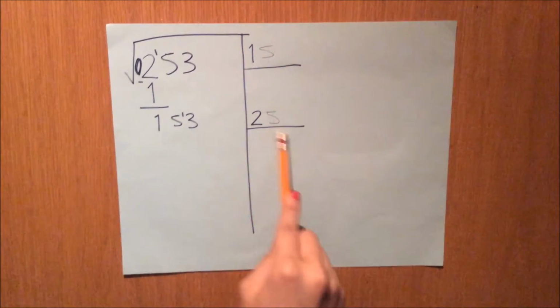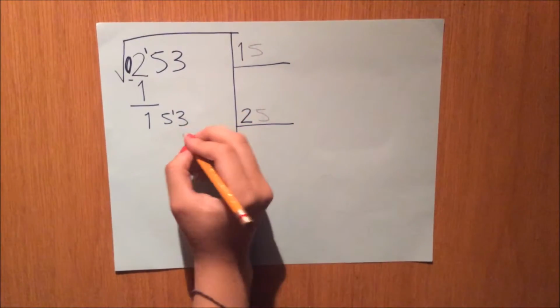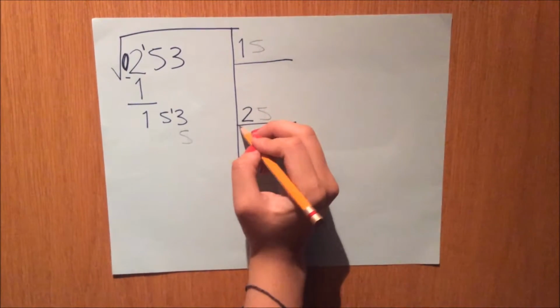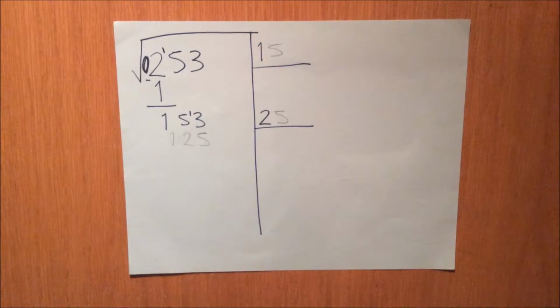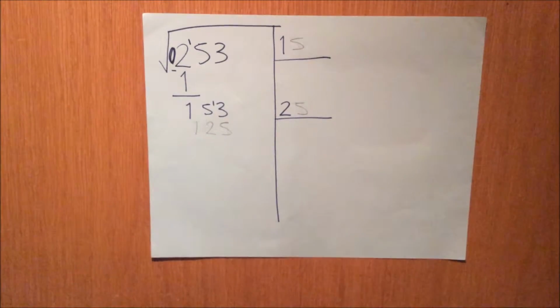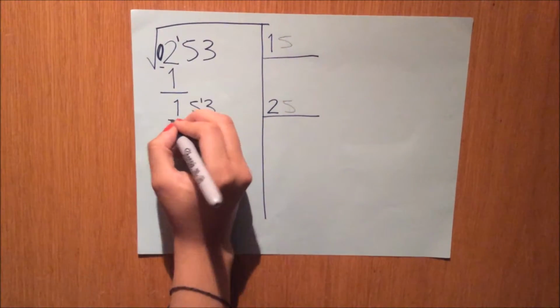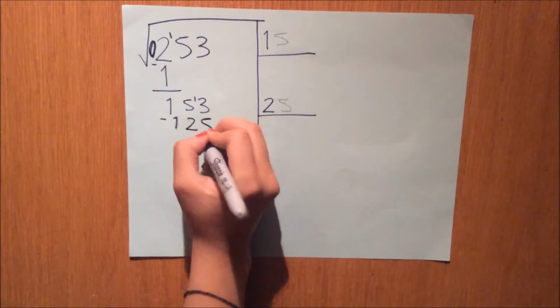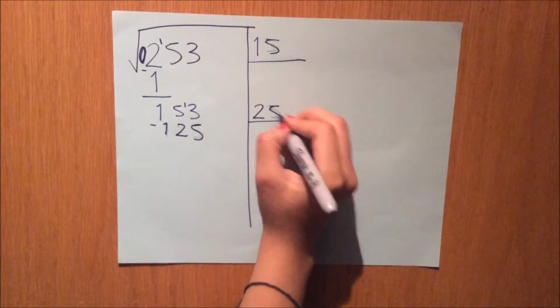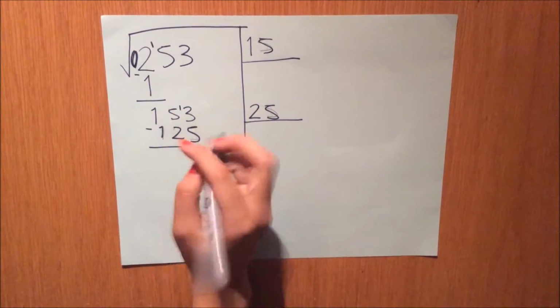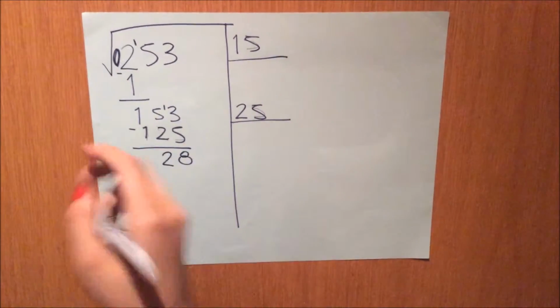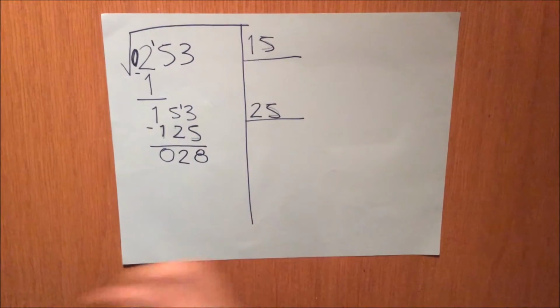We multiply this times the 25. 5 times 5, 25. 5 times 2, 10 plus 2, 12. And as you can see, this number is smaller than this number, so we will subtract it. So 5 to 13, 8, 3 to 5, 2, and 1 to 1, 0.